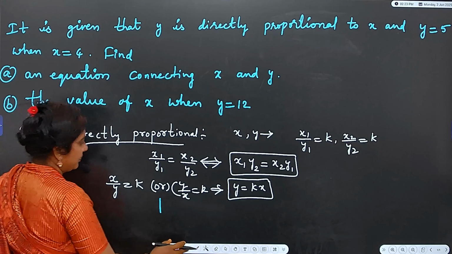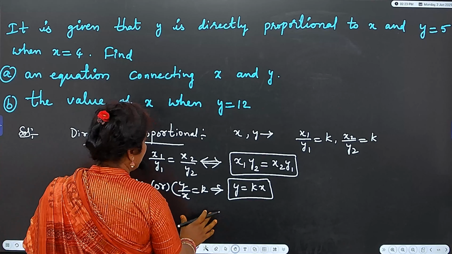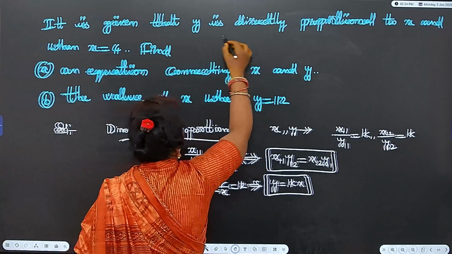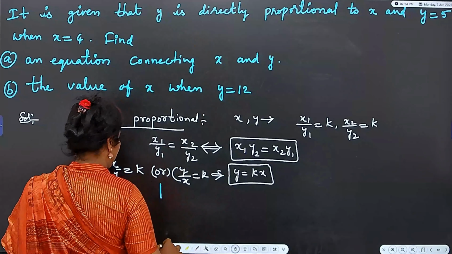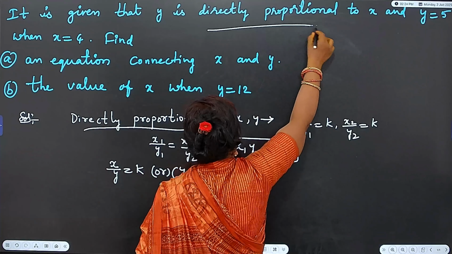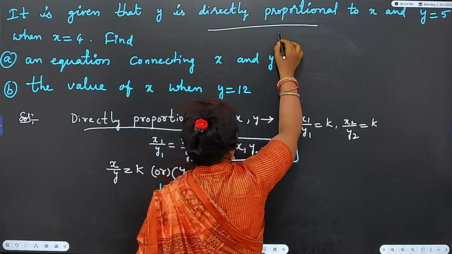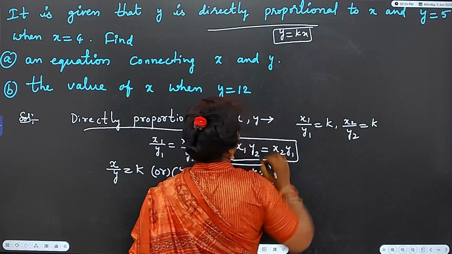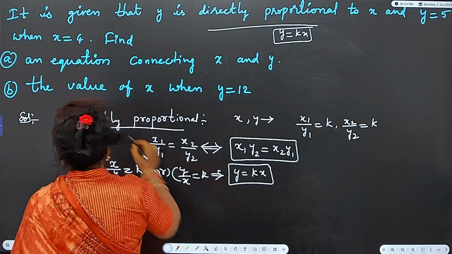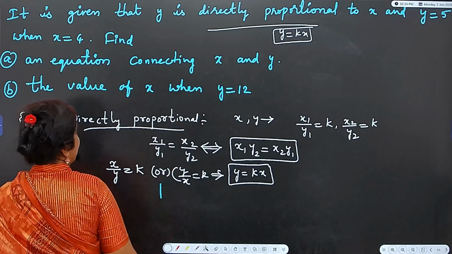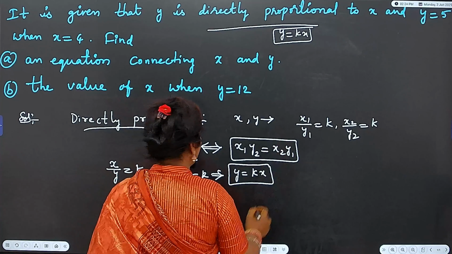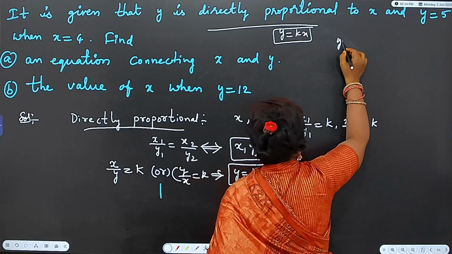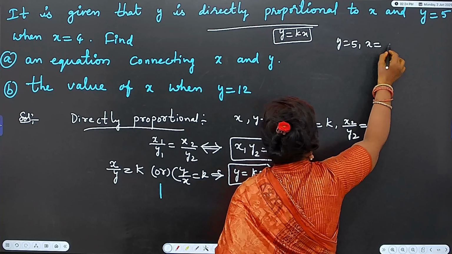Next, the question says y is in direct proportion, so you have an idea of the relation y equals kx. Find an equation connecting x and y, given y equals 5 and x equals 4.